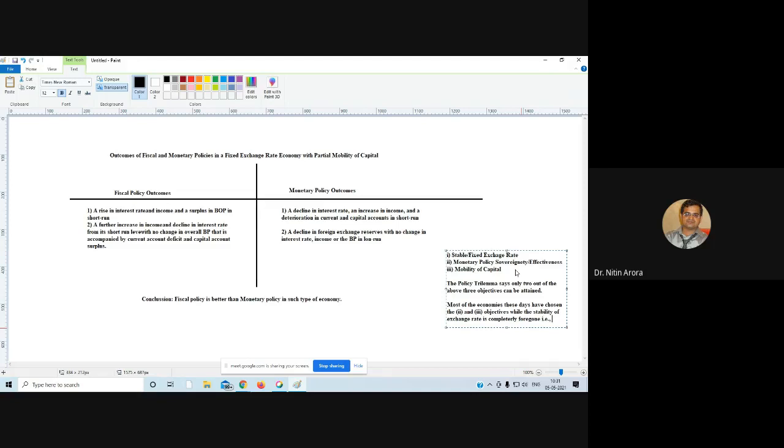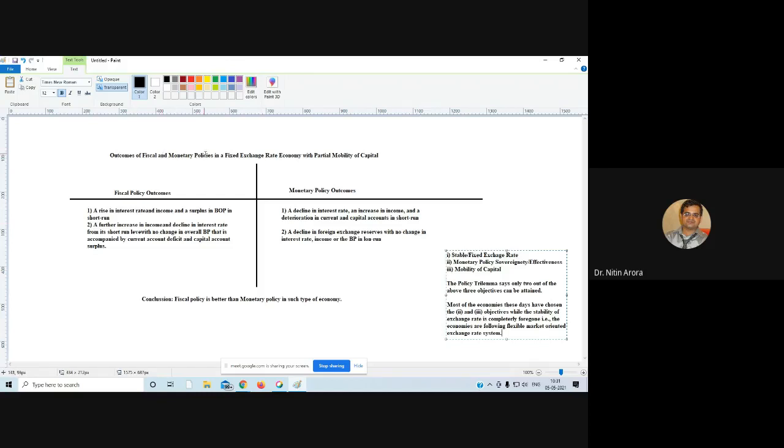That is, the economies are following a flexible, market oriented exchange rate system. Right?